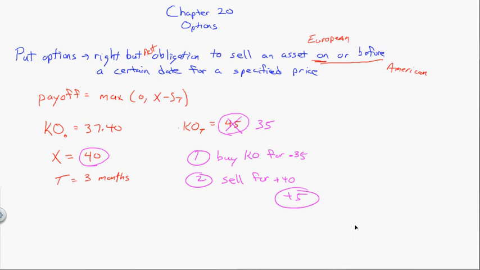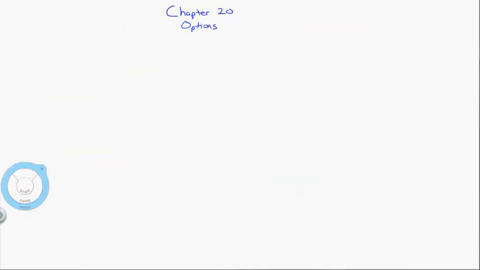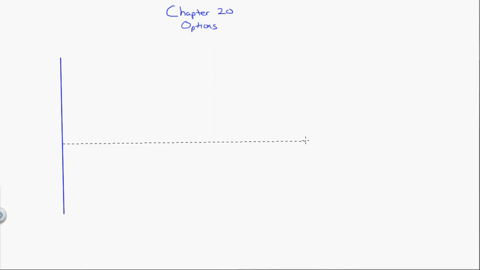So what does this look like? Let's draw the same or similar diagram here, where once again this is the stock price. This is going to be my dollar payoff or profit. Say that's 40, 45, 50.